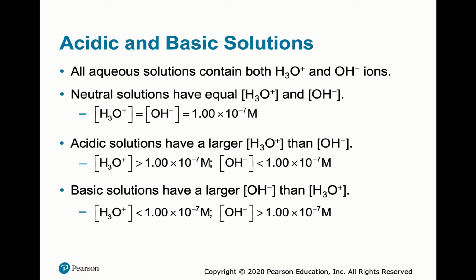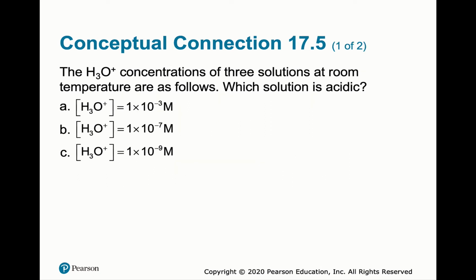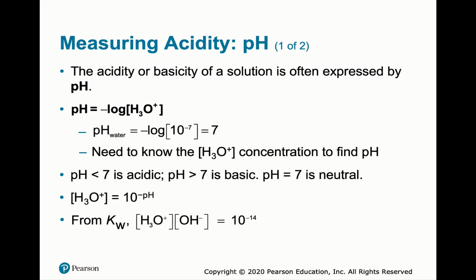And most commonly, pH 7 is neutral, pH less than 7 is acid, pH greater than 7 is base. Now, the hydronium concentrations of three solutions at room temperature are as follows. Which solution is acidic? It's that one there. It's going to be greater than 1 times 10 to the minus 7.